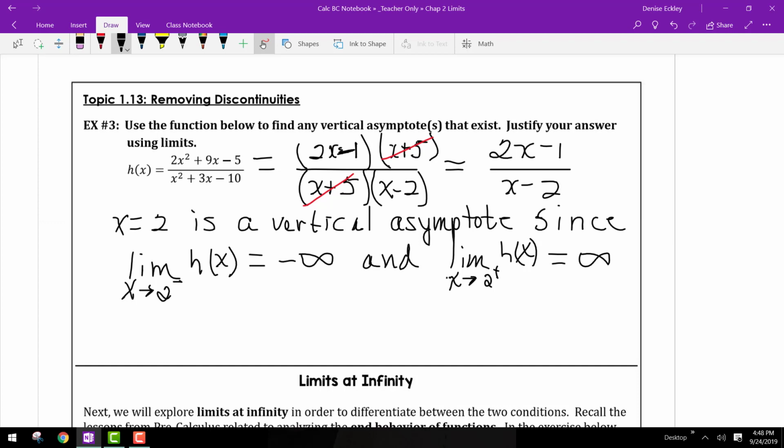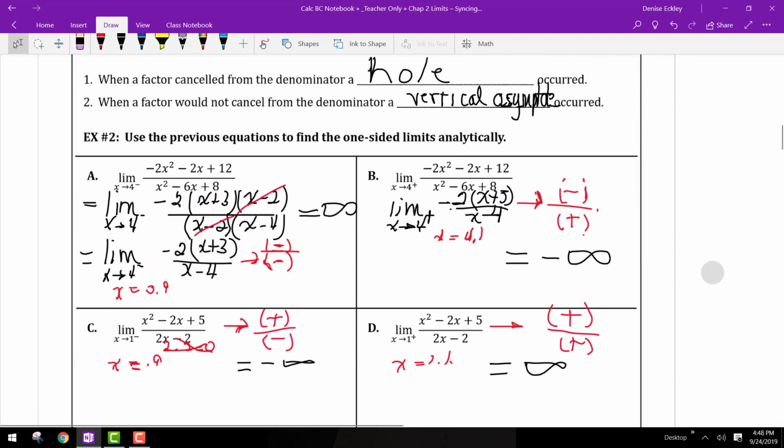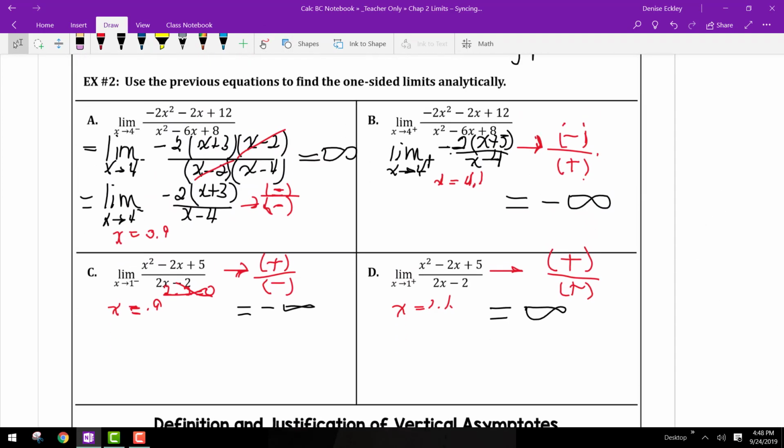And again, if you're not sure, verify it like we did when we analytically looked at g. So that would be parts c and d here. And as I said, we'll finish up this section in the next video.